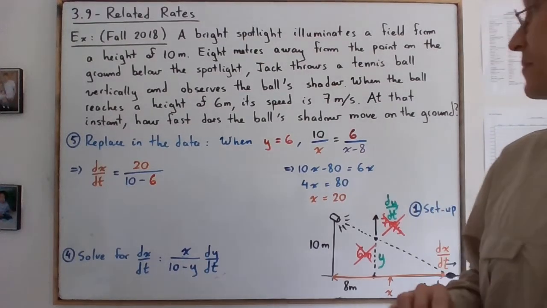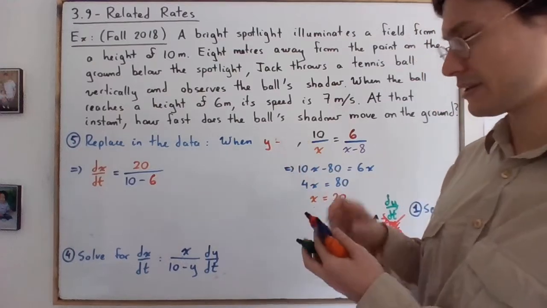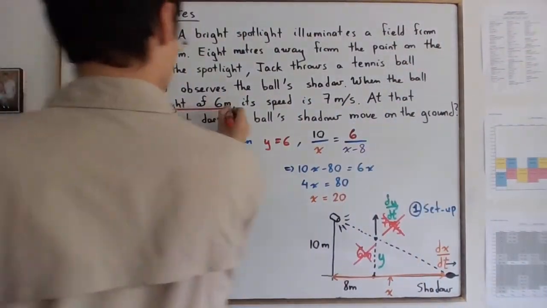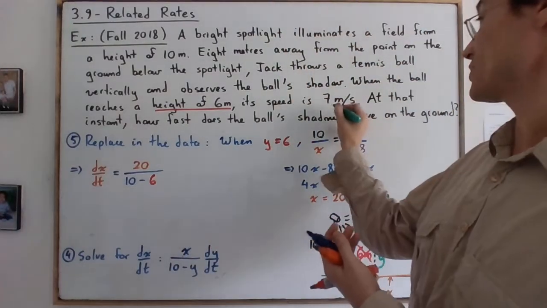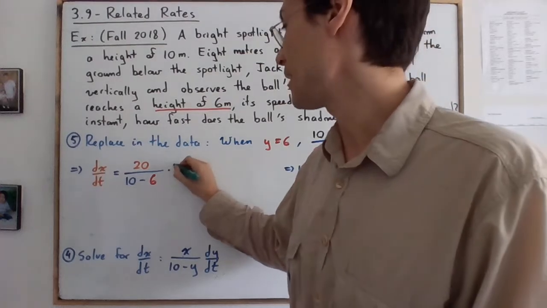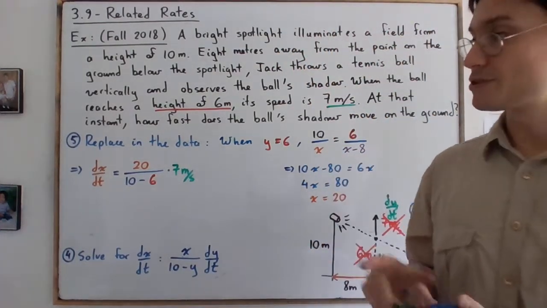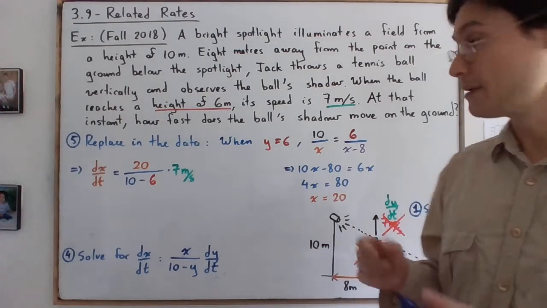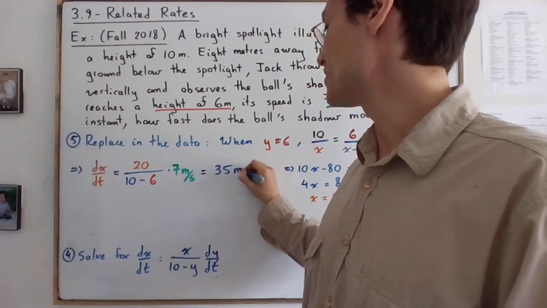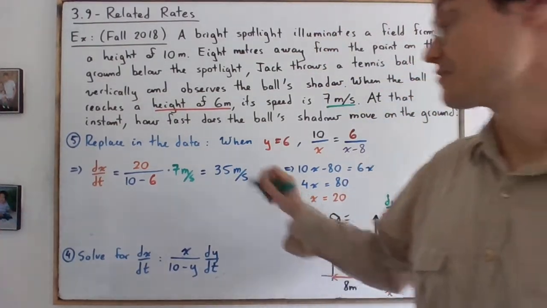It is the 7 meters per second. Okay, so this is what you have for y, and this is what you have for dy over dt. So it is multiplied by 7 meters per second, and of course you have to grind the coffee. Okay, so it's going to end up being 35 meters per second, which is your final answer.